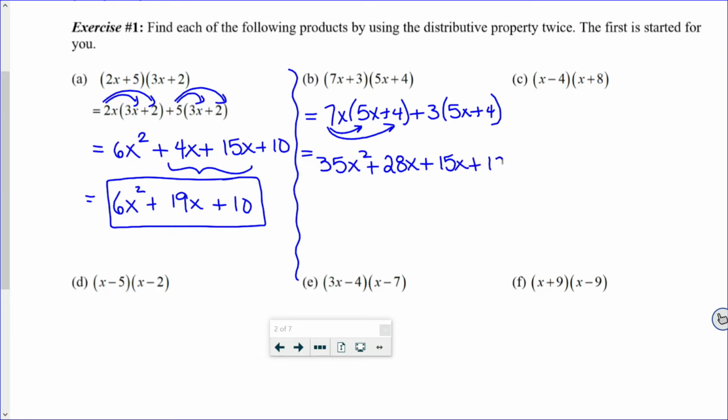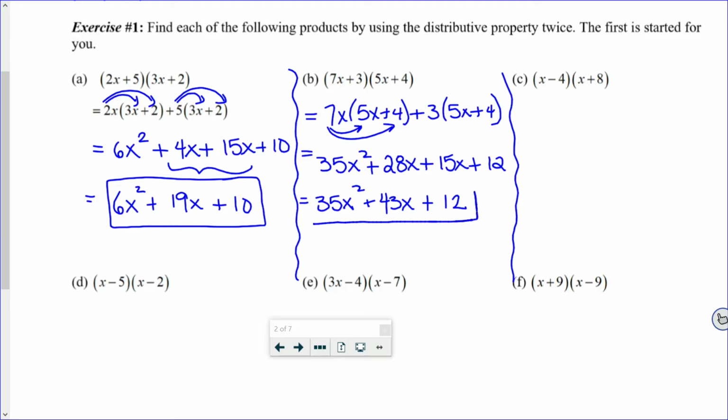And 3 times 4 is 12. All right, the 35x squared can't combine with anything. The 28x plus the 15x is 43x. And then nothing combines with that constant of 12.